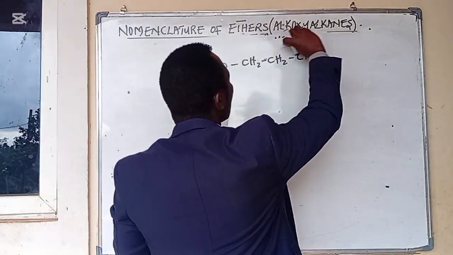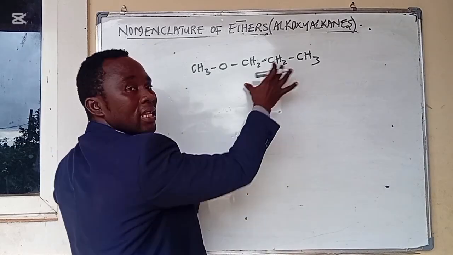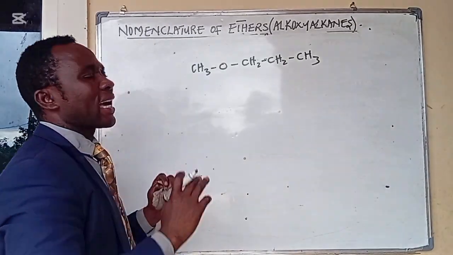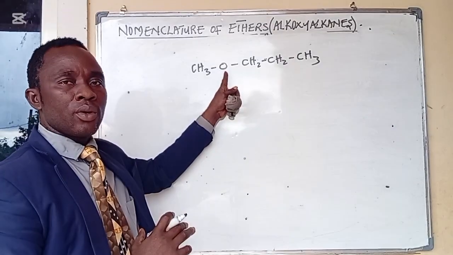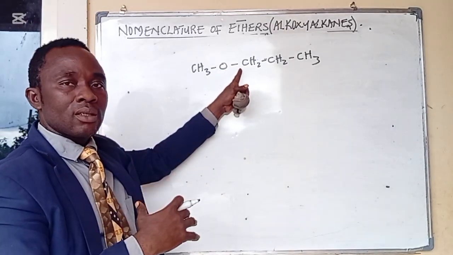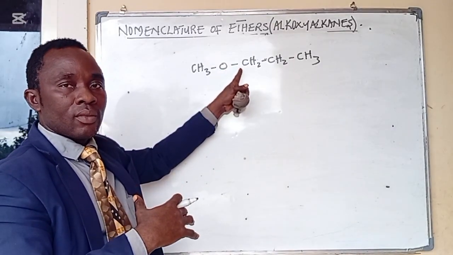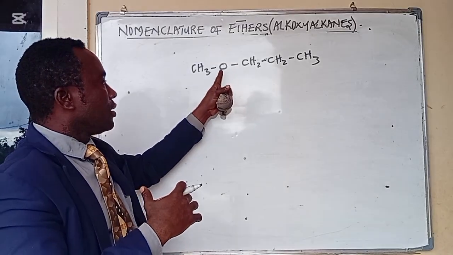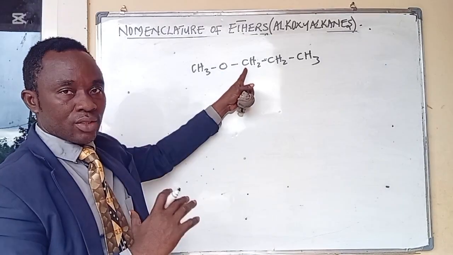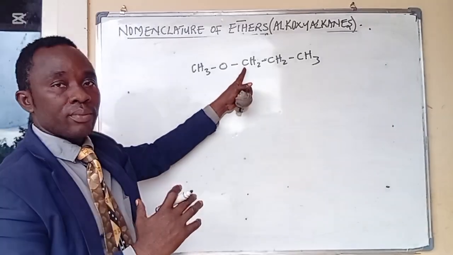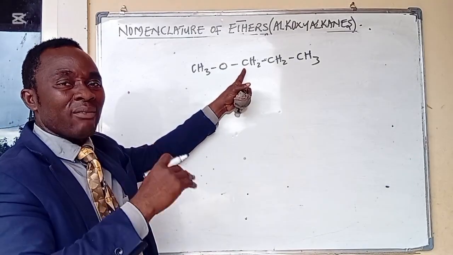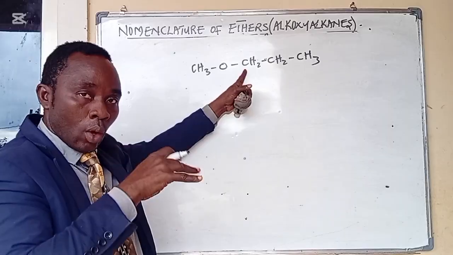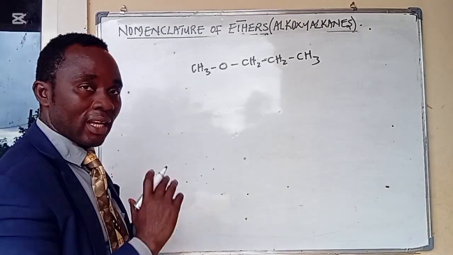So we need to number this alkane part. But if you are numbering the alkane part, number it in such a way that the oxy group is attached to the least number, the place where the oxy group will be attached will be the part that has the least number in terms of numbering. That's what I mean.